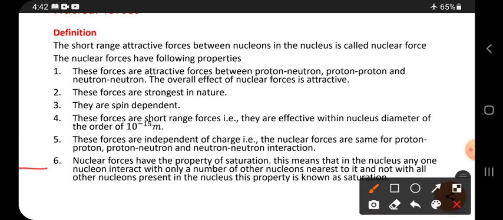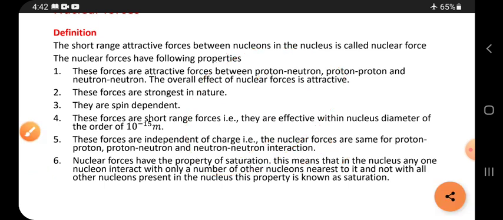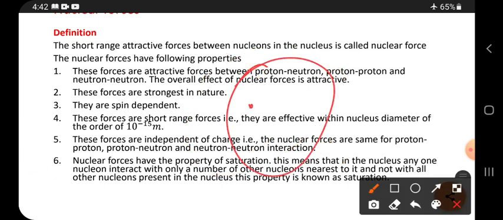The last point is that nuclear forces have the property of saturation. This means that in the nucleus, any one nucleon interacts with only a number of other nucleons nearest to it, and not with all the other nucleons present in the nucleus. This property is known as saturation. Here it is a nucleus, and inside the nucleus many nucleons are present.